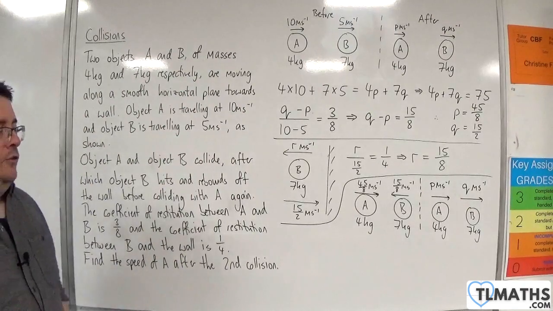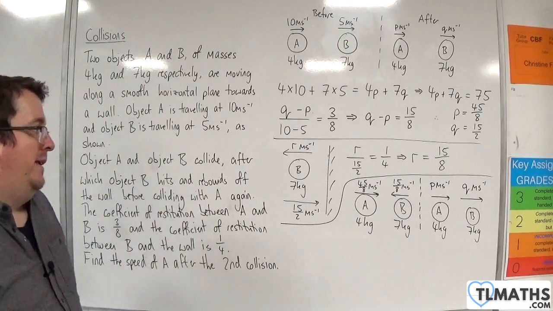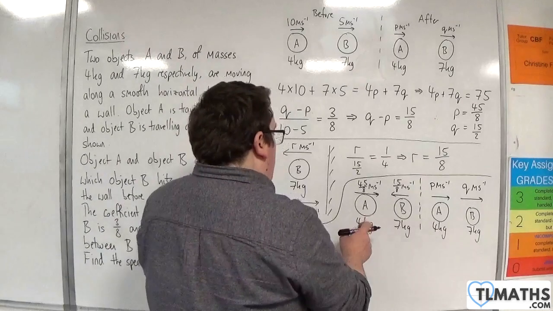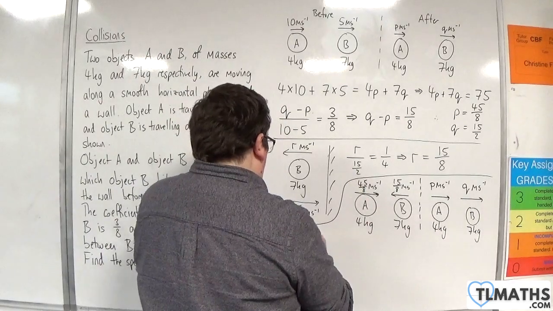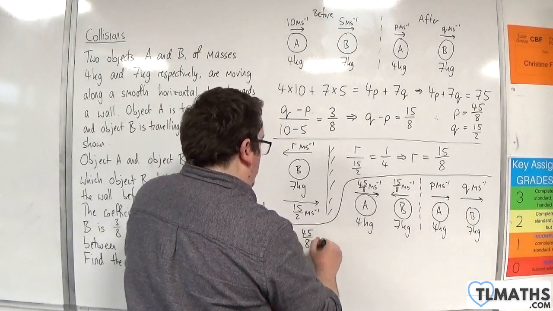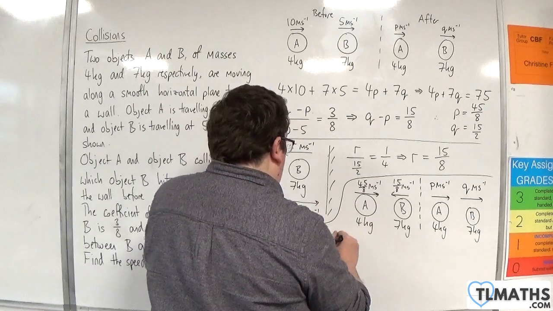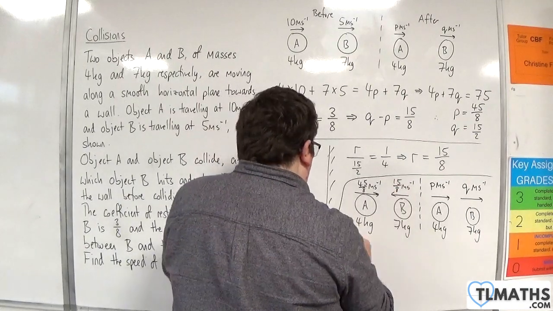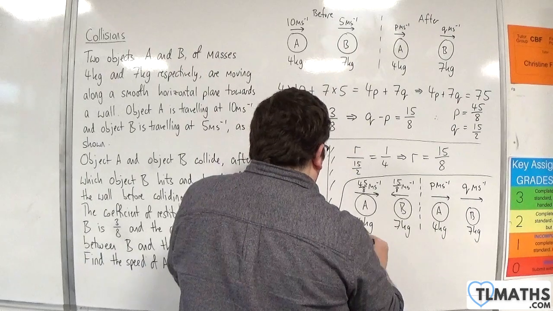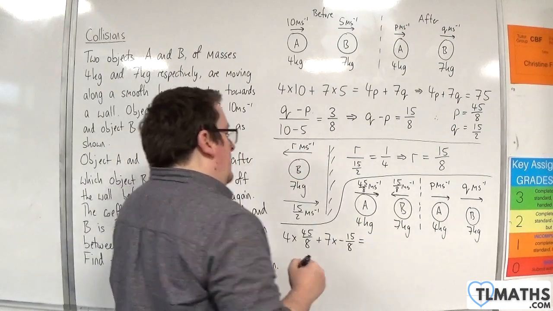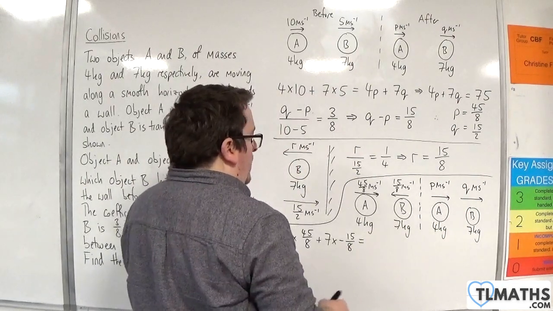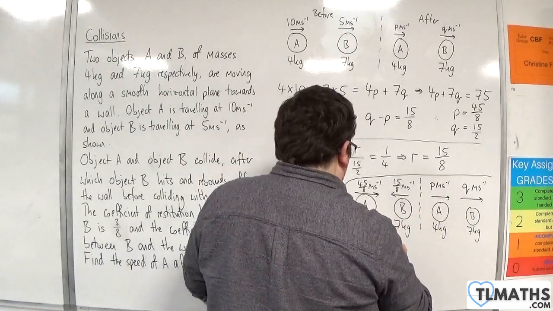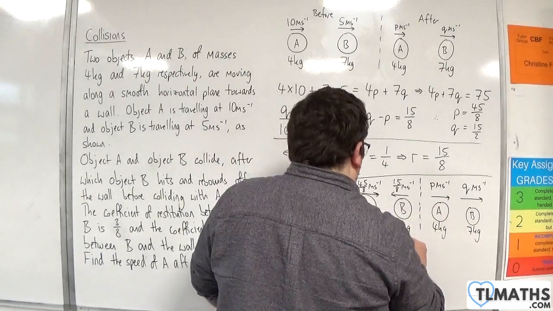Okay, so now we can utilise the conservation of linear momentum. So we have 4 times 45 over 8, then we have plus 7 times minus 15 over 8. Be careful because it's travelling to the left. And that's going to be equal to 4 times P plus 7 times Q.